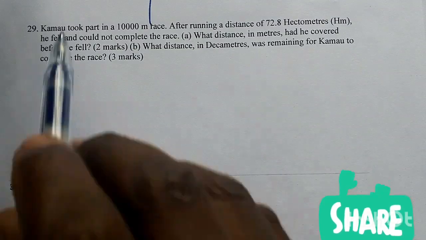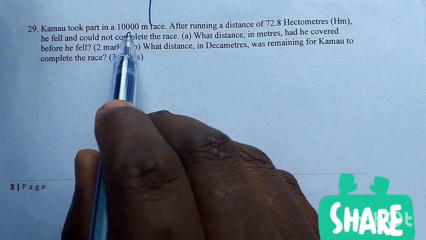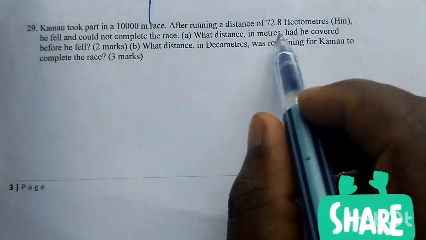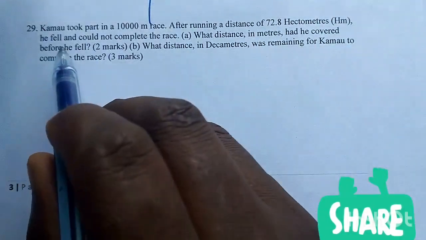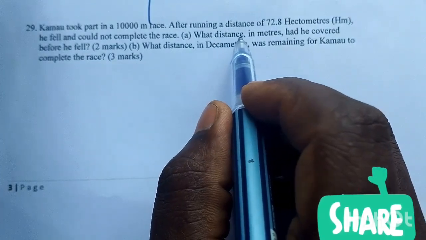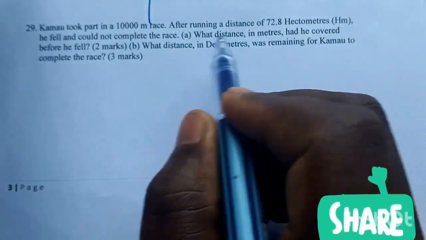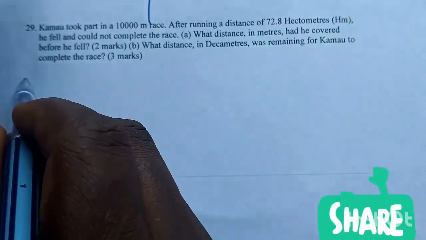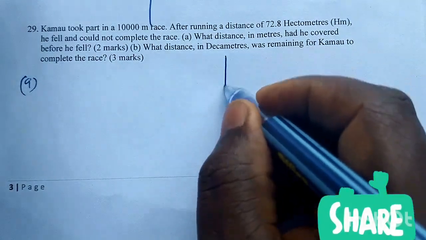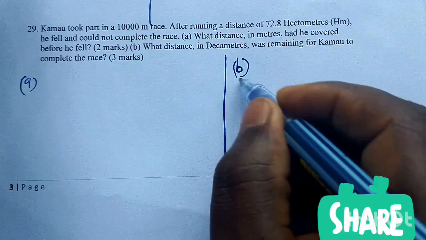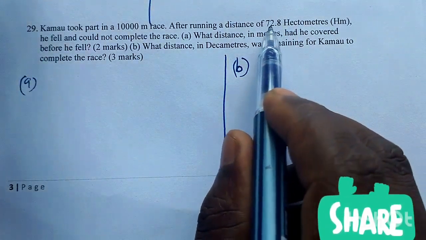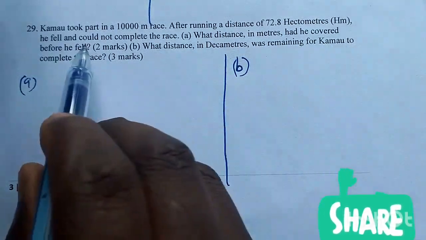Kamau took part in a 10,000 meter race. After running a distance of 72.8 hectometers, he fell and could not complete the race. A, what distance in meters had he covered before he fell? We start with A, and then we will answer B. In A, we need to convert 72.8 hectometers to meters first.